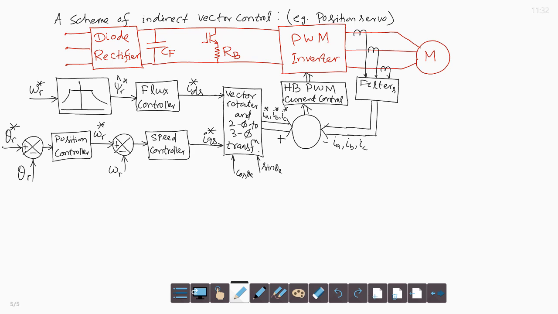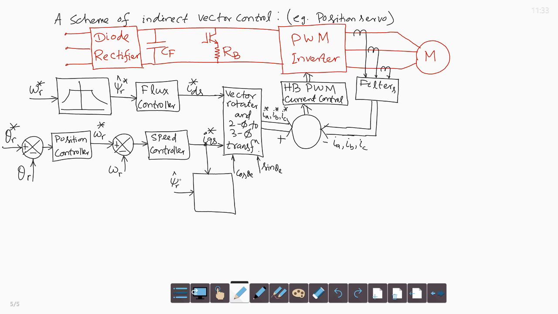For the vector rotation, the unit vector theta e is required. How is it generated? It is generated from the command value of the torque component of the current Iqs star and the rotor flux peak psi r hat.